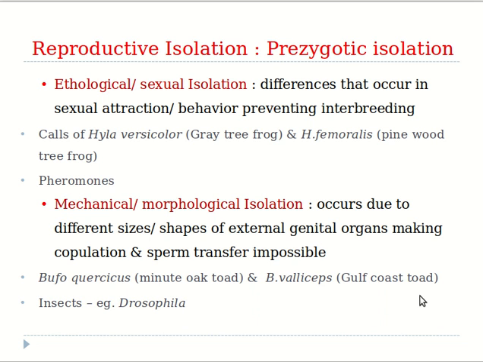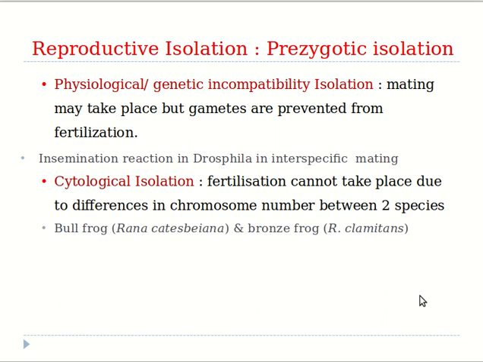The next kind of prezygotic isolation is physiological or genetic incompatibility isolation. Here what happens is mating may take place, but gametes are prevented from fertilization. Sorry, it is not genetic, it is gametic.